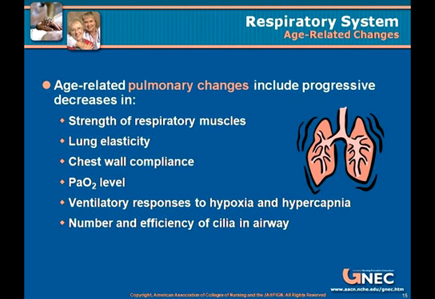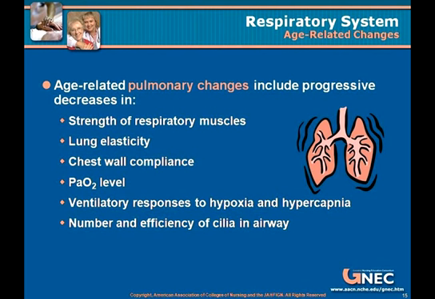We see progressive decreases in the strength of respiratory muscles, in lung elasticity, chest wall compliance, and oxygenation level. Ventilatory responses to hypoxia and hypercapnia change during aging. And we know that the number and efficiency of cilia in the airway are decreased.